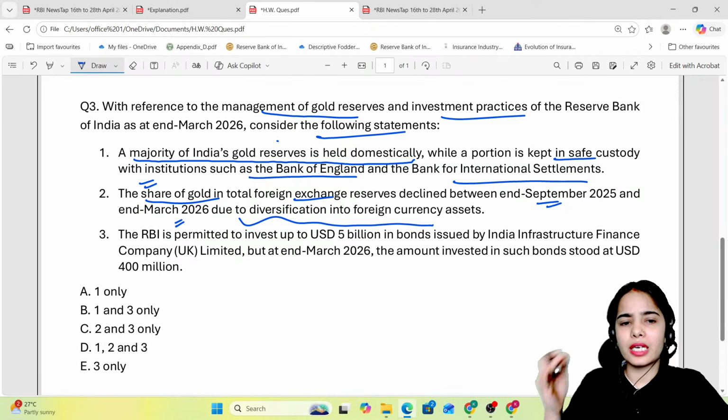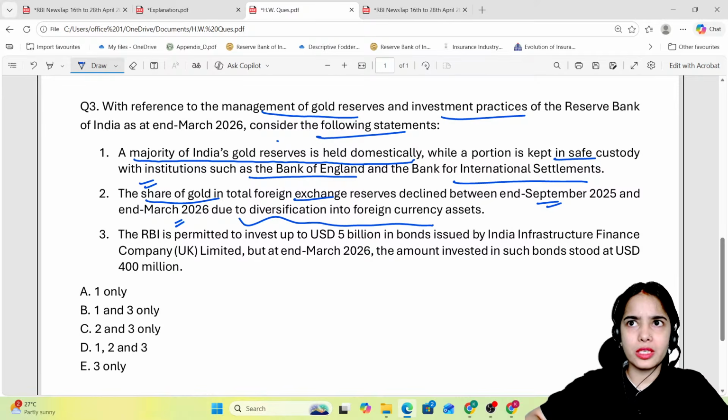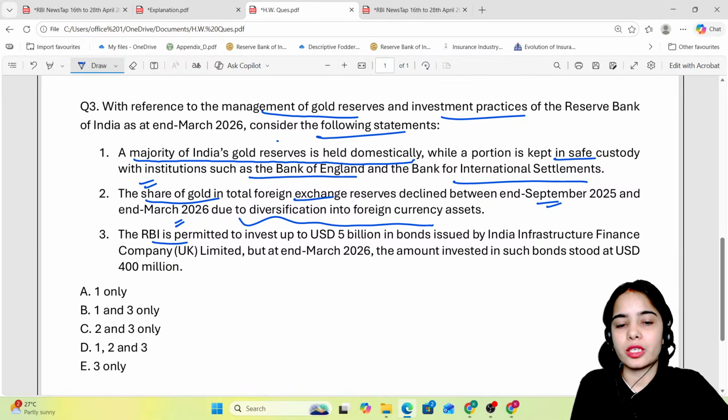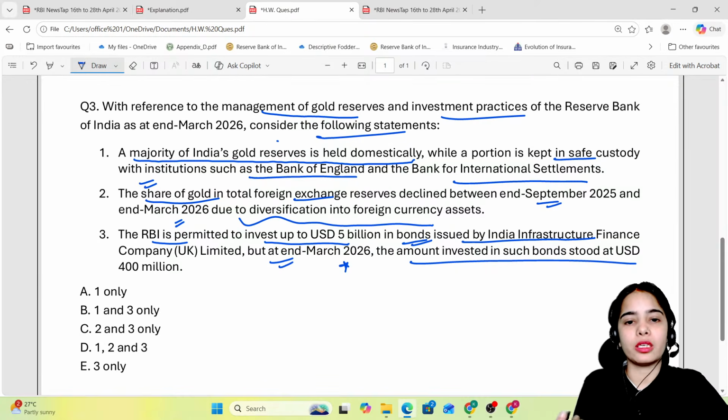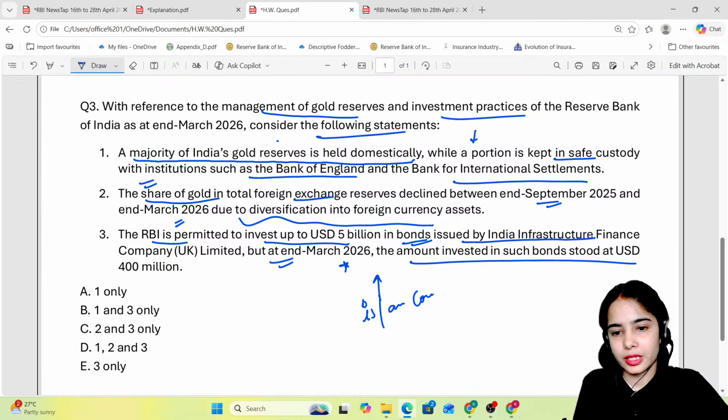So think about it, has the share of gold increased or decreased? What was the percentage? The RBI is permitted to invest up to USD 5 billion in bonds issued by IIFC, but at the end of March 2026, the amount invested was only 400 million. Which of the above statements is or are correct, that you have to inform.